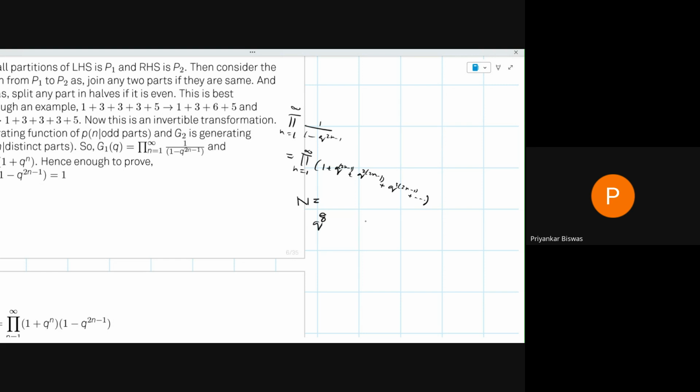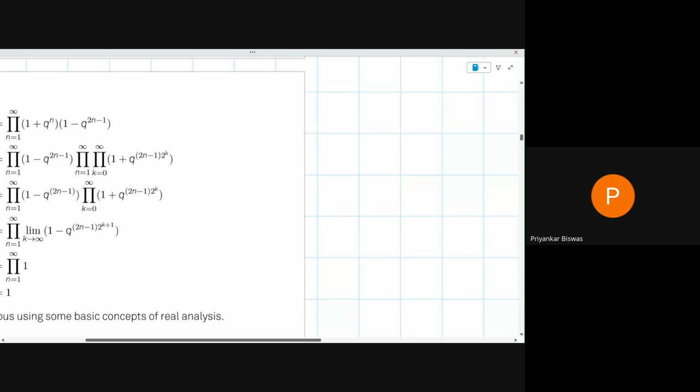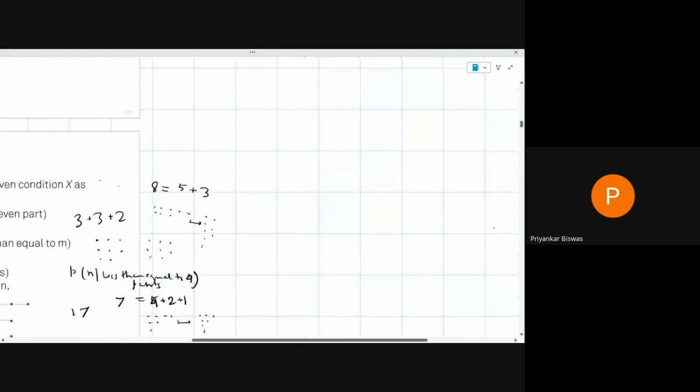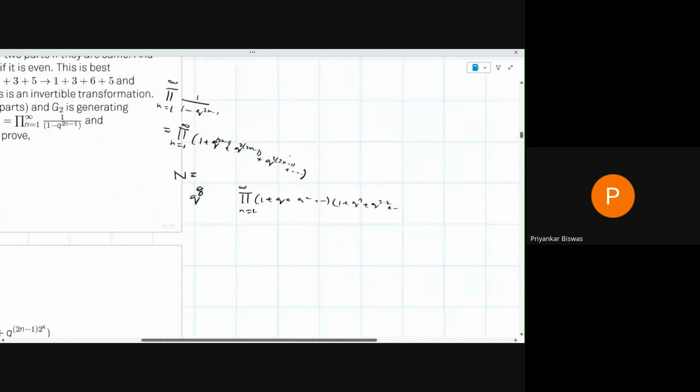Here we want the coefficient of q power 8 from 1 plus q plus q square plus 1 plus q cube, and so on. So we'll get this number of ways.